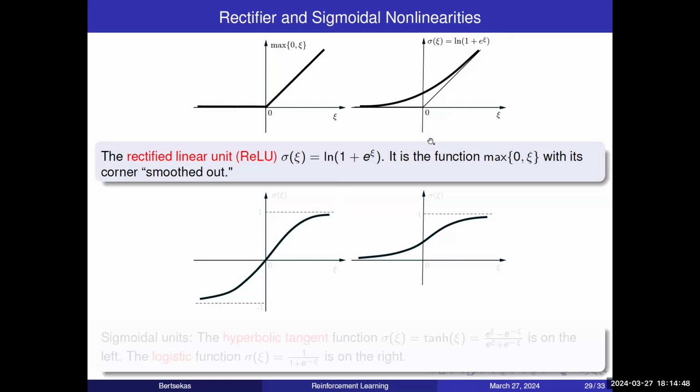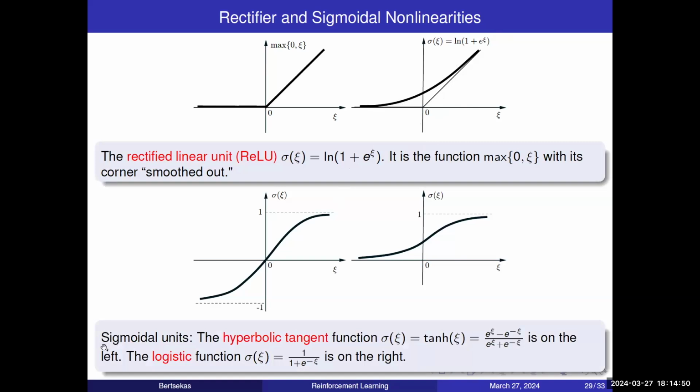In the old days, sigmoid units were more preferred, and those are hyperbolic tangent functions, where not only the value below 0 is saturated, but beyond a certain range, it also saturates around 1. The logistic function looks similar in shape.